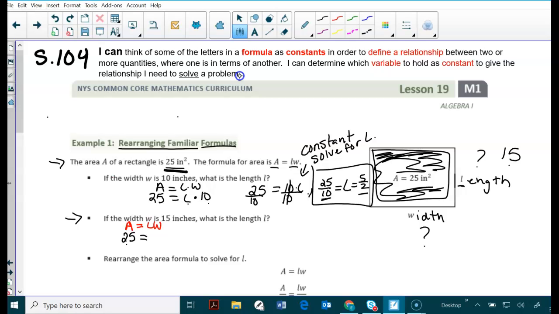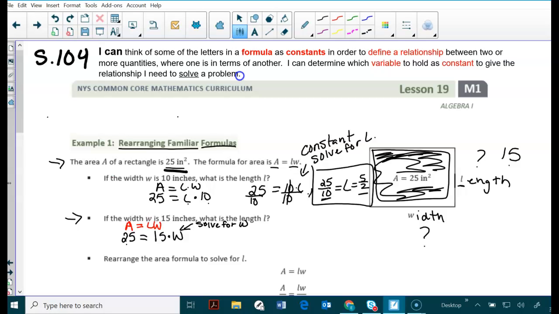So we know the length is 15 times W. I'm just going to hold my variable there because I'm not sure what it is. And like we did before, now I know W is the constant. I'm going to solve for W.